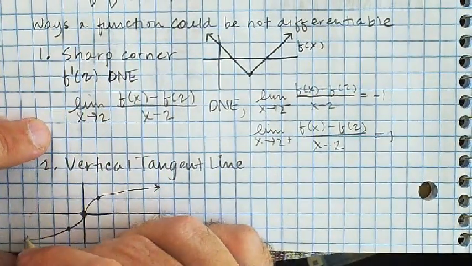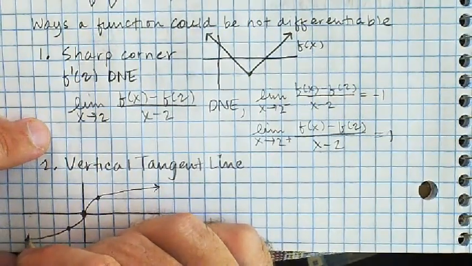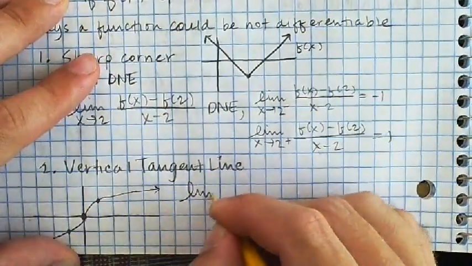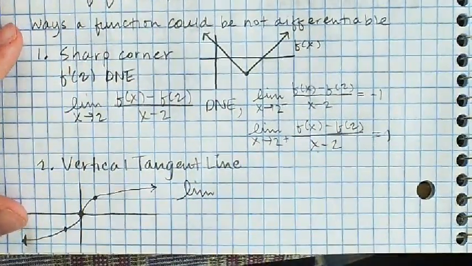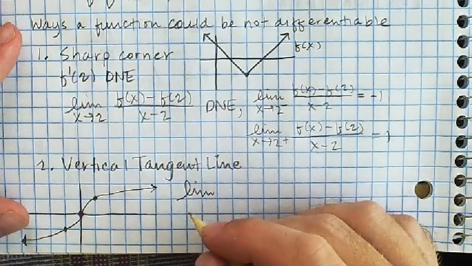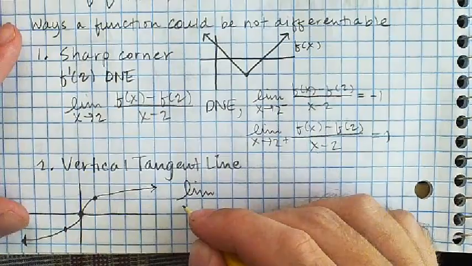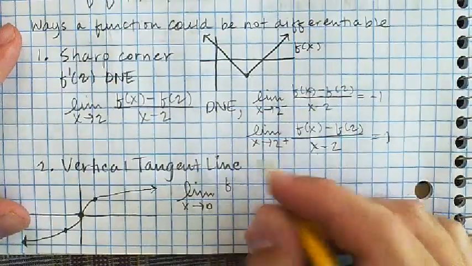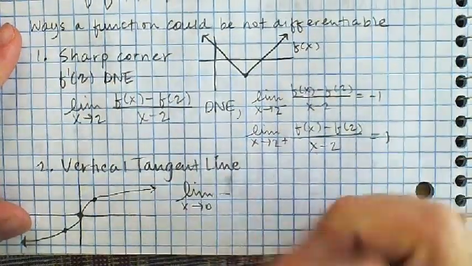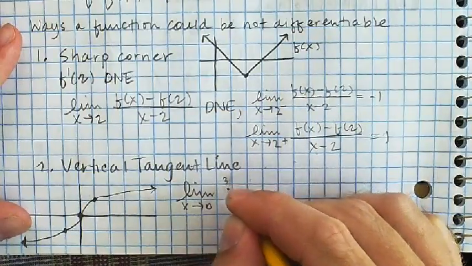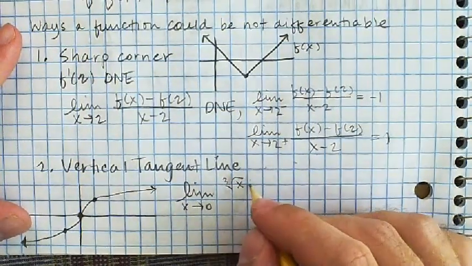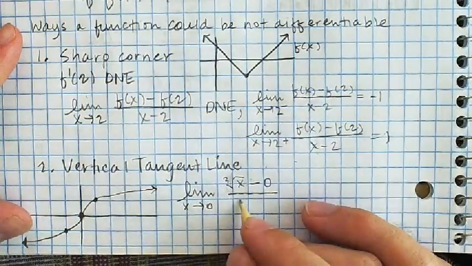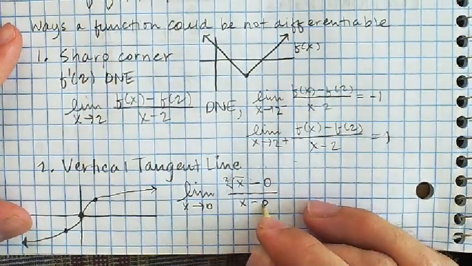It's because this limit doesn't exist due to unbounded behavior. Again, I'm going to say the limit as x approaches 0 of f of x, where f of x is cube root of x, minus f of 0, over x minus 0.